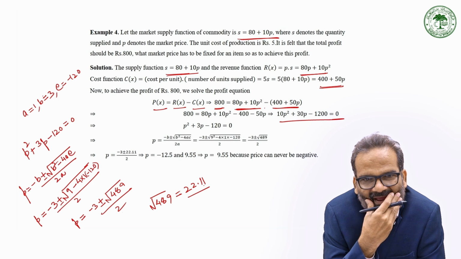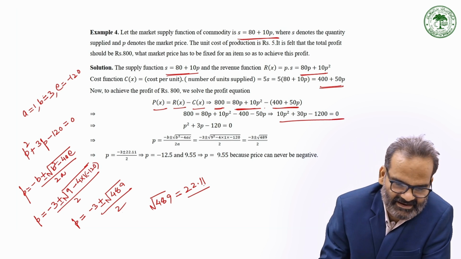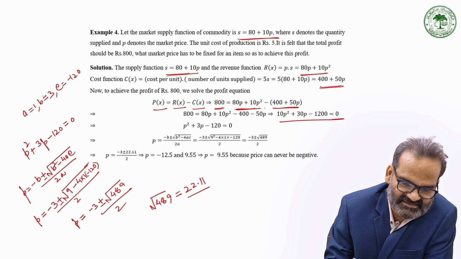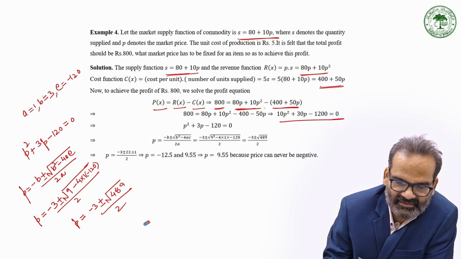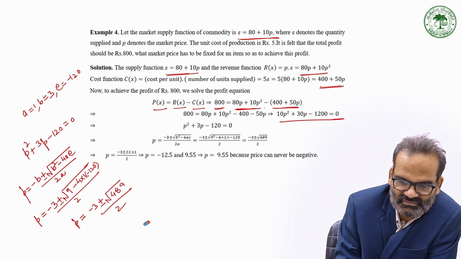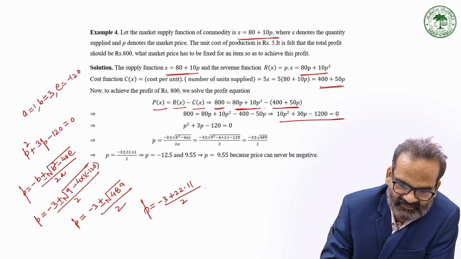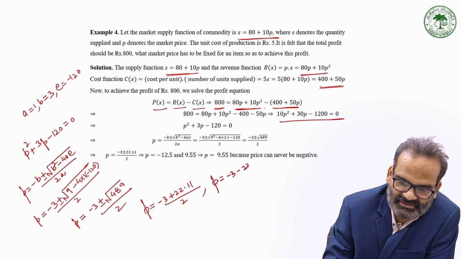So what you will do next: first take p equals minus 3 plus minus, first the plus value and then the minus value. The first value of p is minus 3 plus 22.11 divided by 2, and the second value of p is minus 3 minus 22.11 divided by 2.